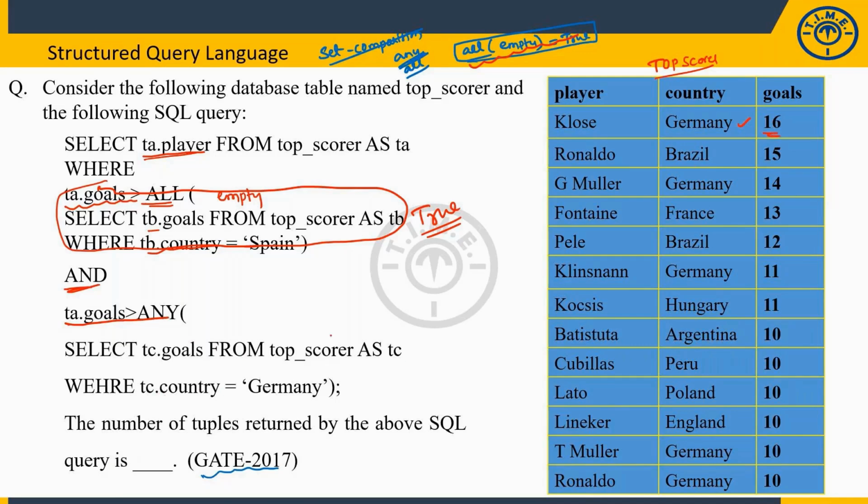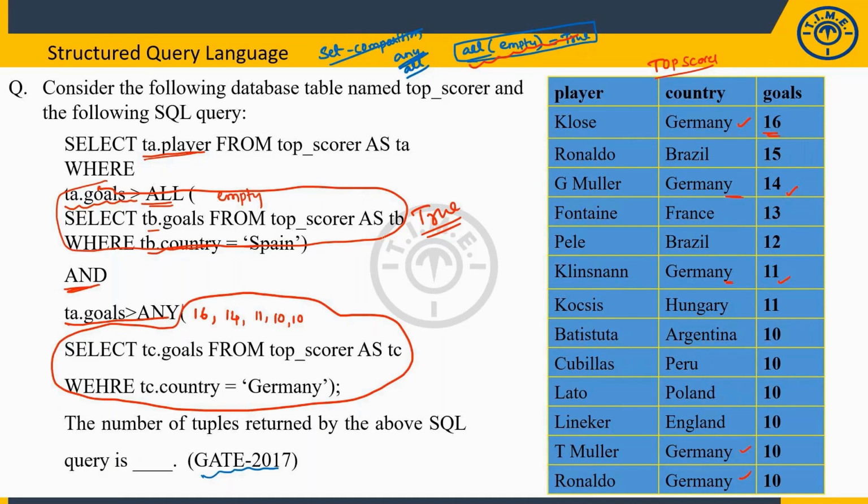What are the Germany goals? 16, and Germany goals 14, Germany equals 11, and here also Germany equals 10 and 10. So this is the output of this inner query. Now anyhow the first condition output is true, and because the AND operator is there, whichever tuples satisfy this condition as true are going to be selected.